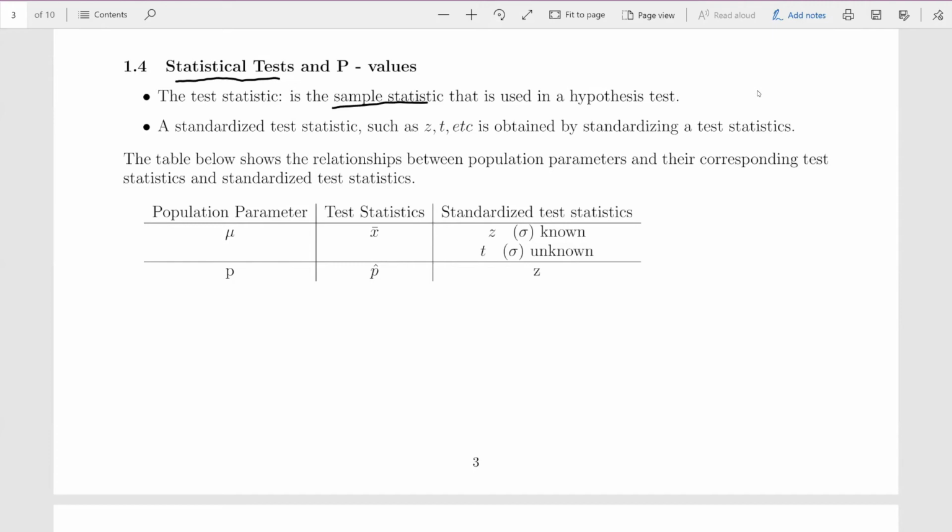For example, if you want to do a hypothesis test in order to respond to a claim about a population mean, then you want to use the sample mean to test the population mean.